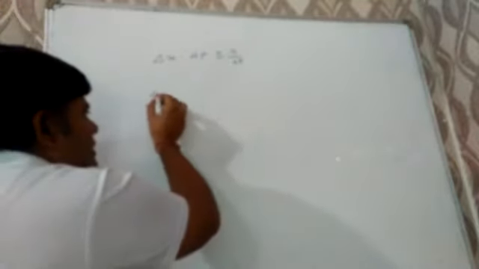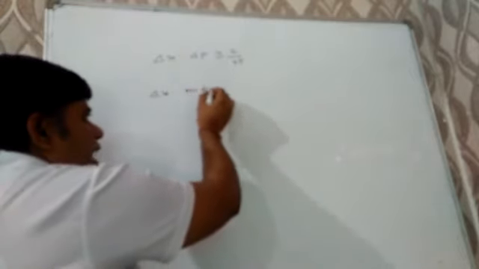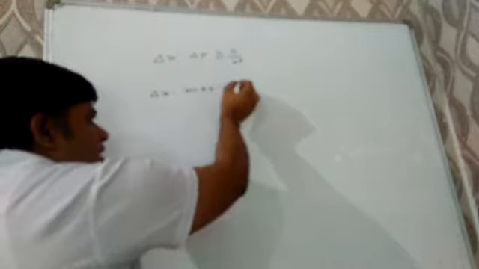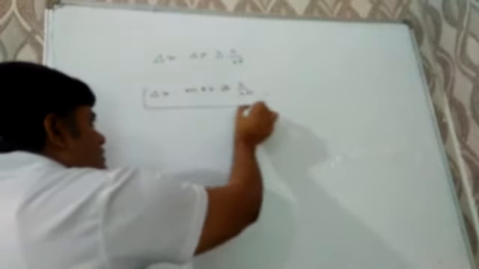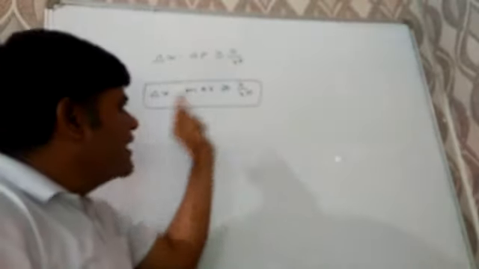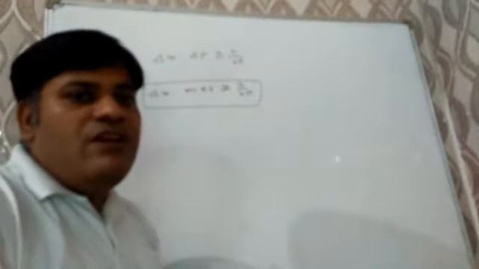So this equation can be modified in this way: delta x into m delta v is greater than or equal to h upon 4 pi.